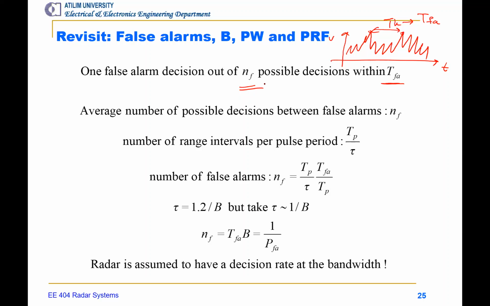It's related to the average time between the false alarms, to the PRF, and to the bandwidth. So mathematically, the number of false alarms can be written in terms of false alarm time and bandwidth. It's simply the inverse of the probability of false alarm.